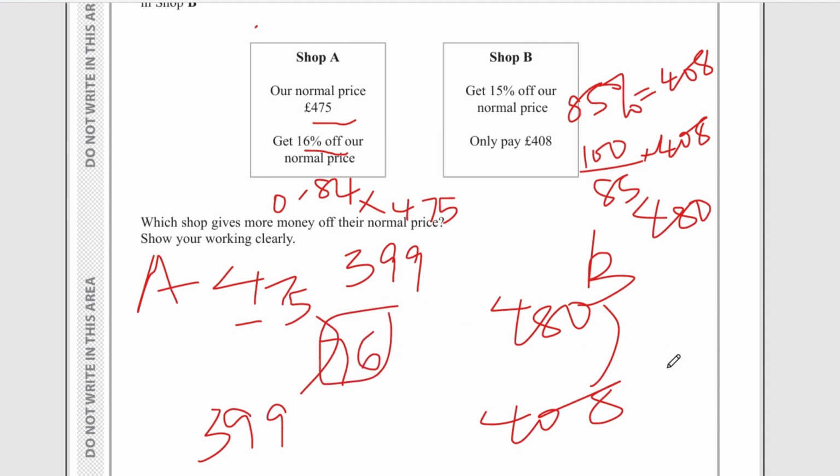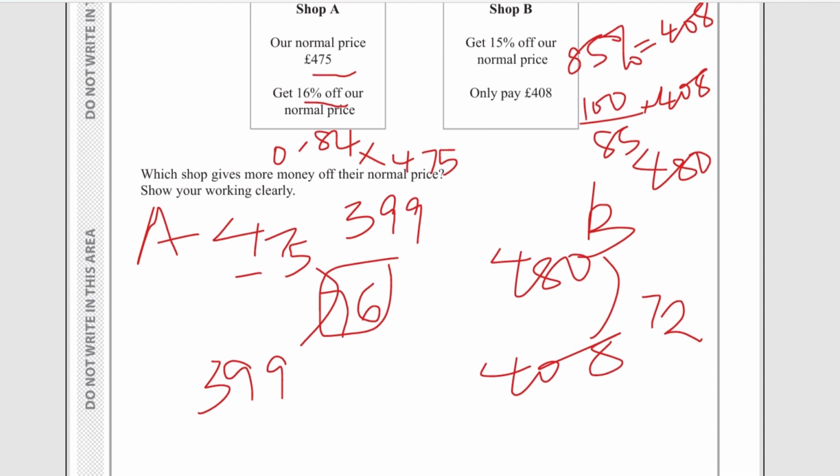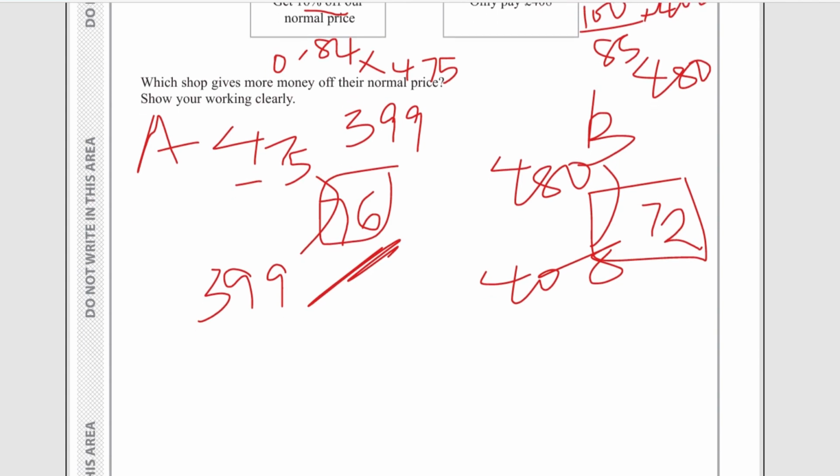Then for B, if you do the subtraction, that will give you 72. So which shop gives you more money? That is shop A. Yes, A is going to save you more money off. You get saved 76. Okay, and that is it, because shop A will save 76, shop B will save 72. Okay. All right, I hope that is clear.